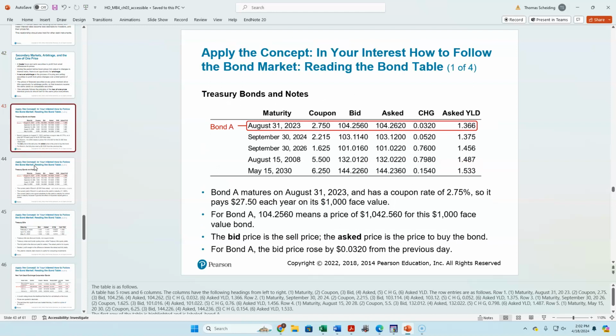Okay, so let's look at how you would read a bond table here. For this bond table, if I have a bond which is going to mature, and I have various maturity dates, bond A is maturing August 31st of 2023.